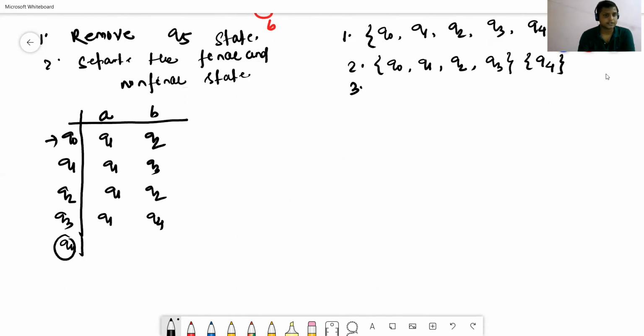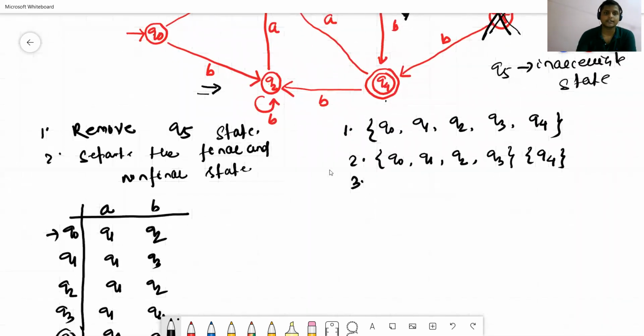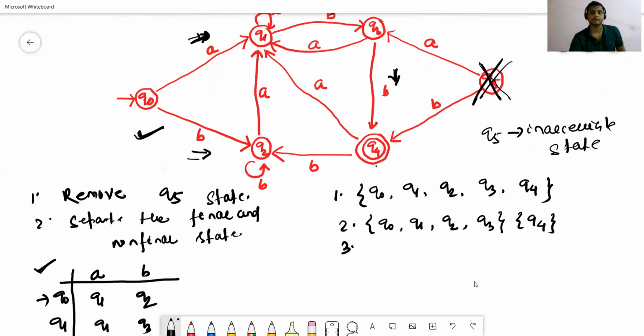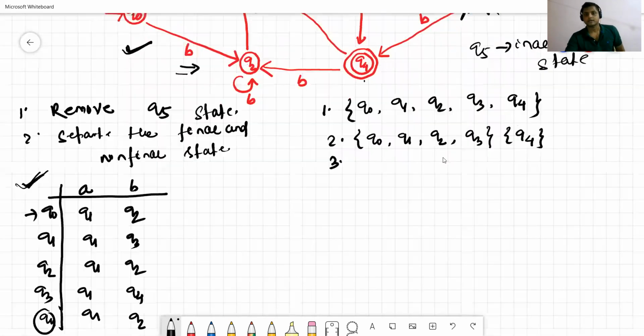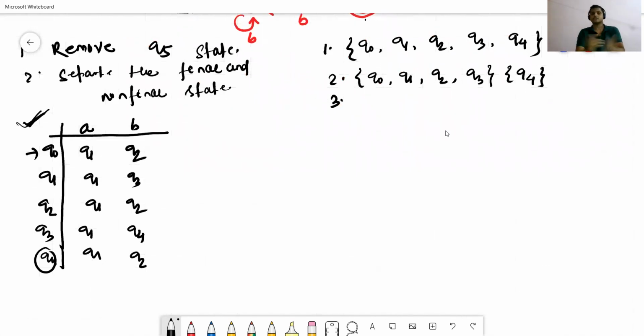Q4 is my final state. This is the transition table equivalent to the given transition diagram. We converted the diagram into a transition table, which makes it easy to understand.